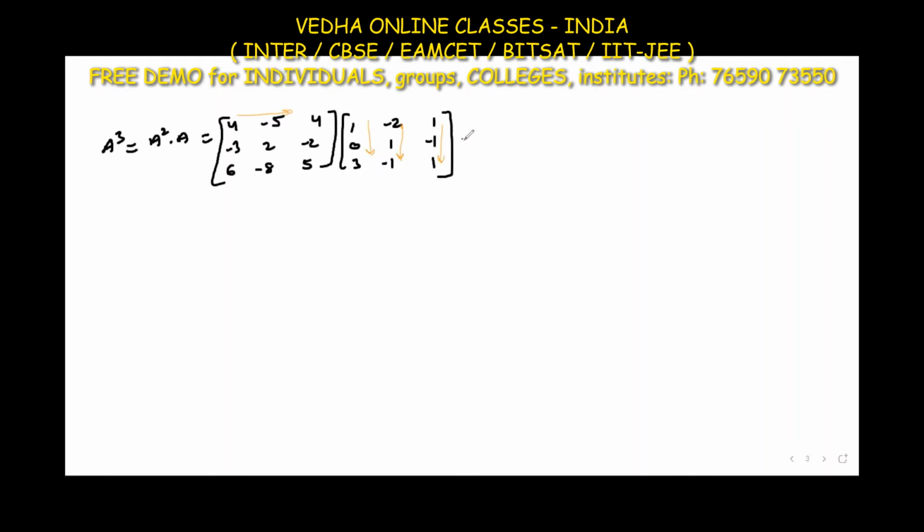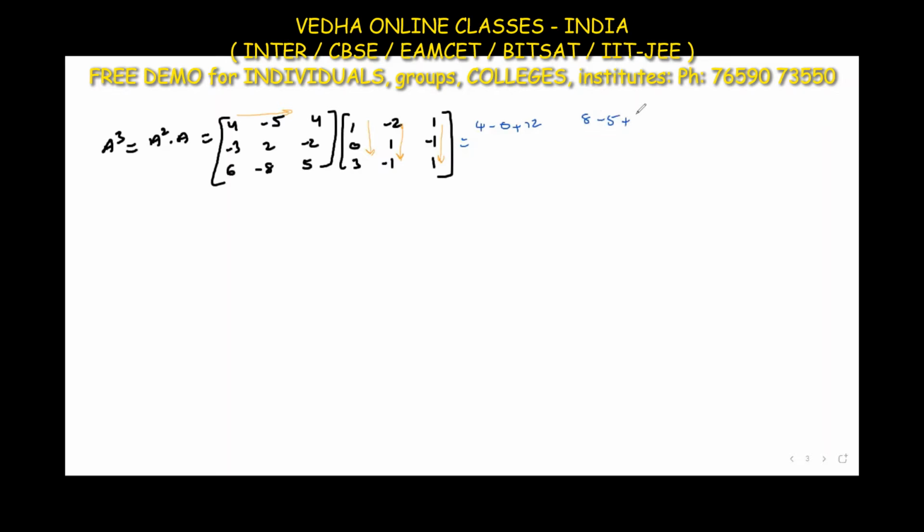So this is equal to 4 into 1, that is 4, and minus 5 into 0 is 0, and 4 3s are 12. First row with second column: 4 2s are 8, minus 5, and 4 1s are 4.